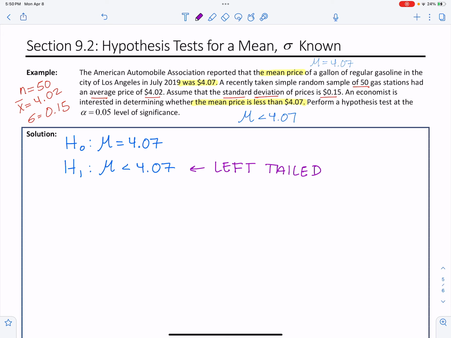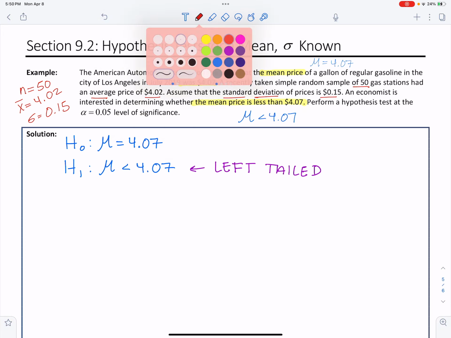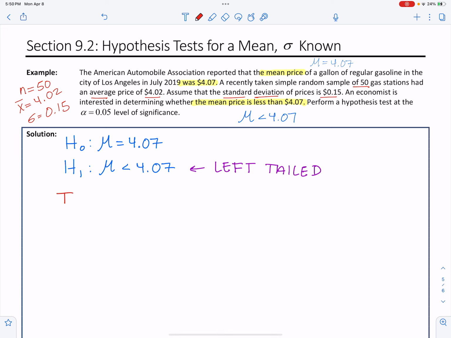Now, to run this test, what I'm going to need to do next is calculate my test statistic. In the test statistic calculation, we're going to compare the value in our hypothesis, 4.07, to the actual sample mean, 4.02.